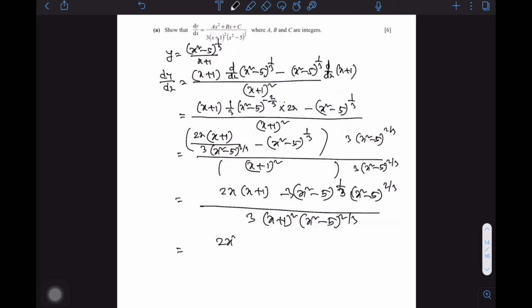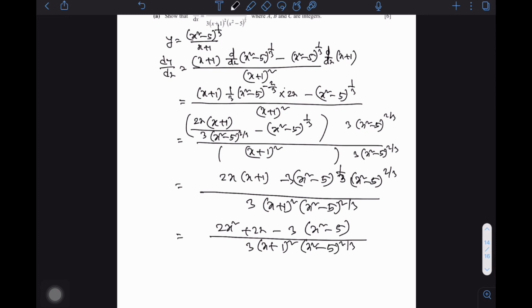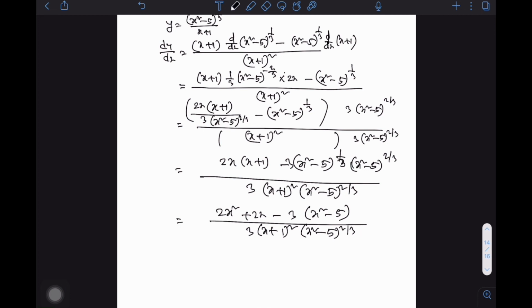Square, plus 2x minus 3 times, 1/3 plus 2/3, that is 1. We will write here x² - 5. Keep down, things are same, denominator is same as previous, and then we can simplify more.